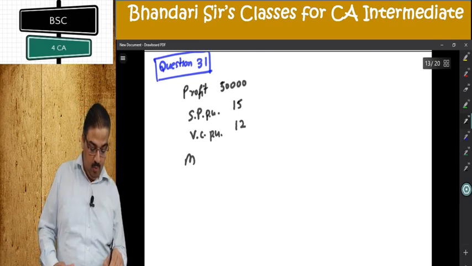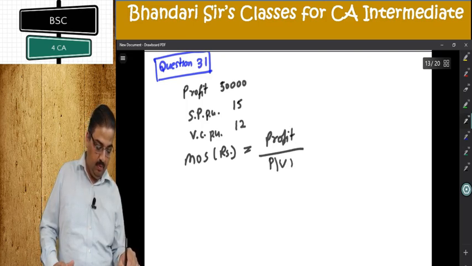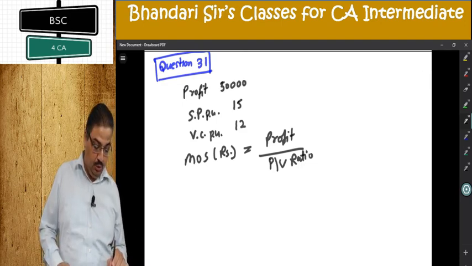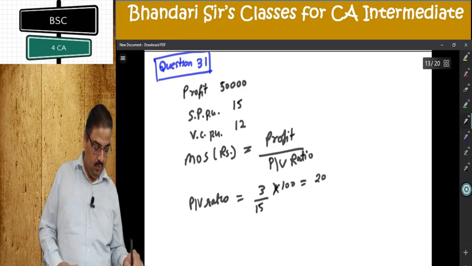Now, what is MOS in rupees? One of the formula is profit divided by PV ratio. Now, PV ratio is 3 divided by 15 into 100, 20%.